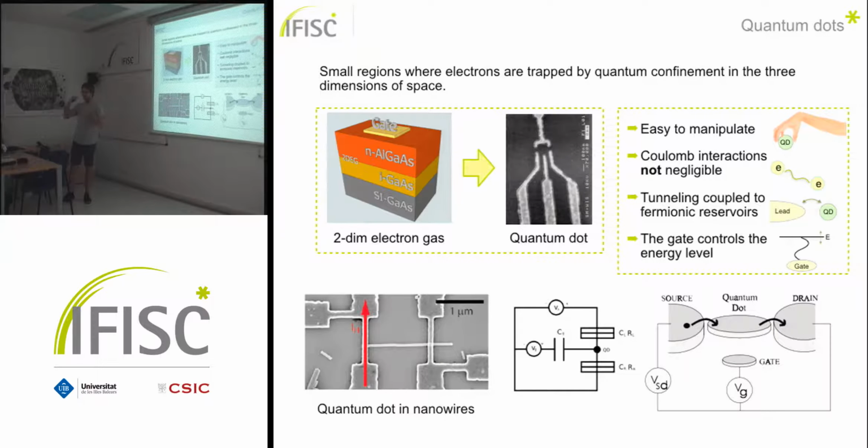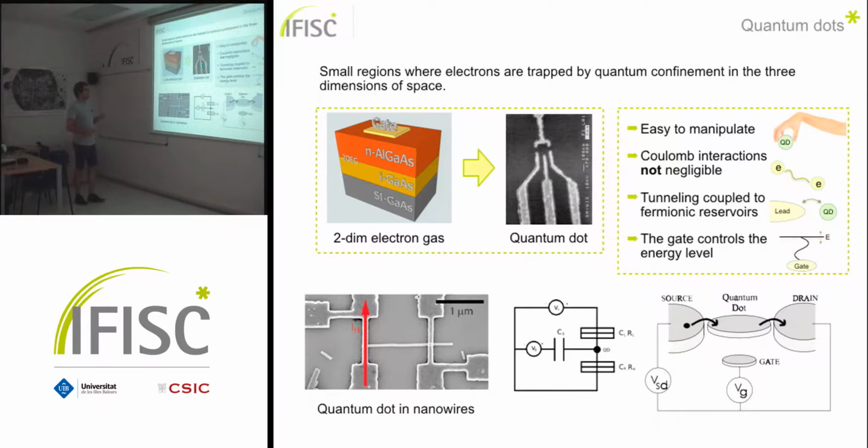We put different materials, and in the middle of these 2 materials, sometimes a 2-dimensional electron gas can be created. If we create gates above, we create walls where electrons cannot go through. With this, we can create a small region where electrons can be trapped.